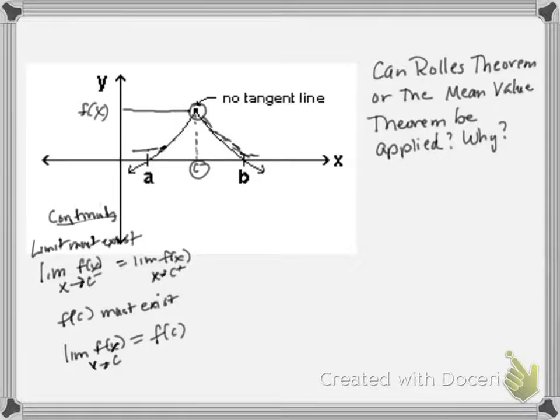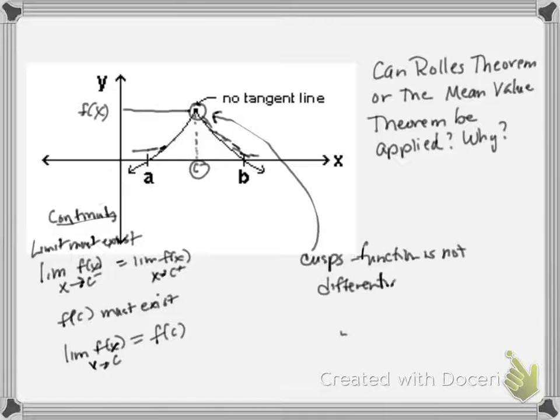Well, from looking at the graph, the function is not differentiable here because there's what we call a cusp there. Or you can say it's a sharp turn, but for this part it would be called a cusp. All right, so that means that the function is not differentiable at x equals c. So that means that I cannot apply the MVT nor Rolle's theorem for this problem.